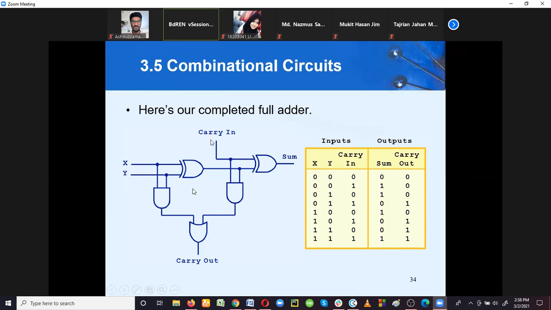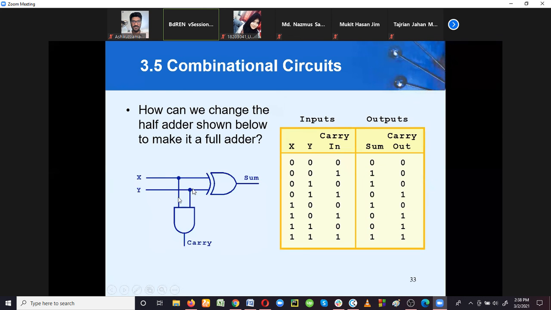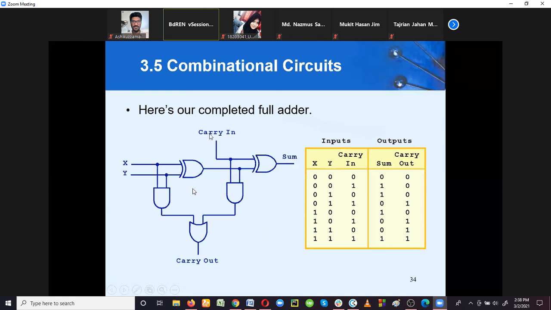This is the circuit. Previously this was the half adder. This is the completed full adder circuit. So you have to remember this full adder circuit and the truth table.